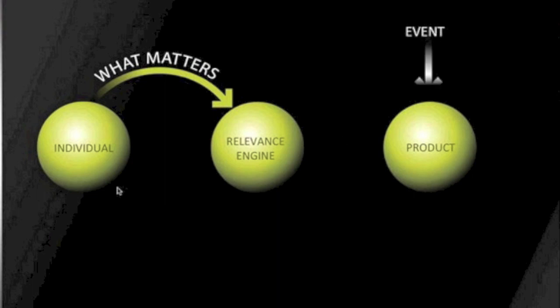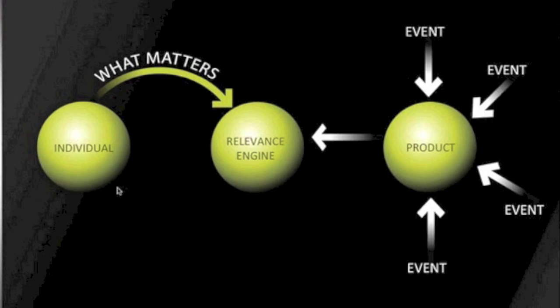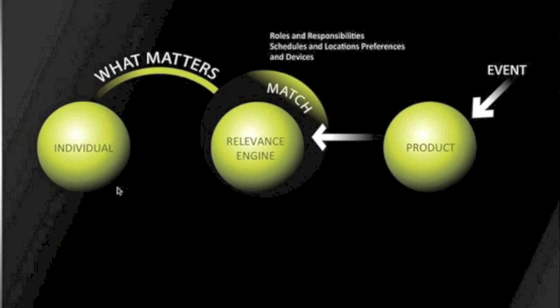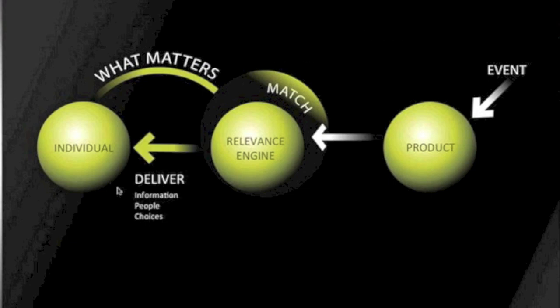So when an event does occur, let's say a ticket needs to be assigned or a change needs to be approved, that information automatically goes from Remedy to the relevance engine, and we find the right person based on schedules, responsibilities, etc. We will then notify that person over any device they choose, whether it's text, email, BlackBerry, iPhone, voice over phone, kitchen phone, anything. We don't care whatever it is, whatever that person wants, we'll deliver them a notification.